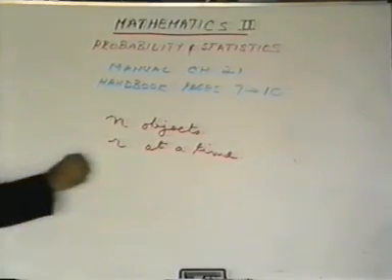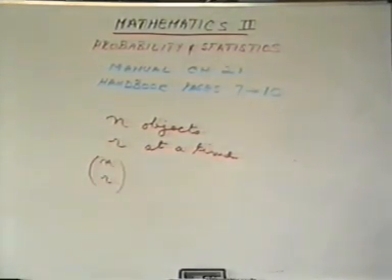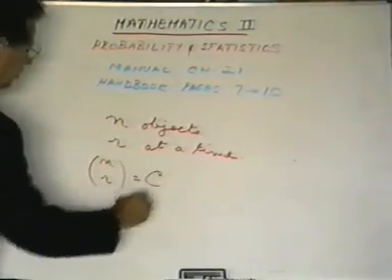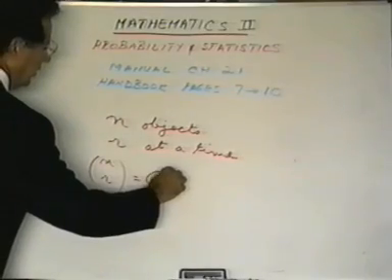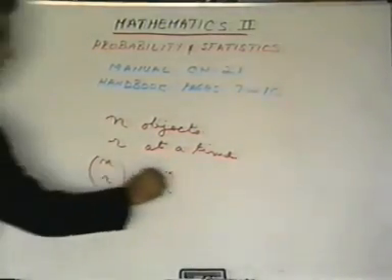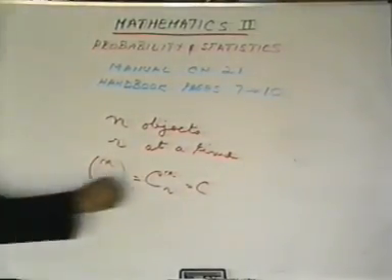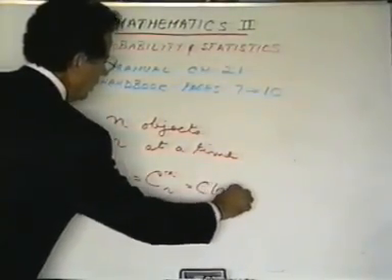Then the number of combinations we can form, written in this fashion, n, r, with a couple of brackets, sometimes written as a big C with an n up above and r down below, or sometimes simply written as C parenthesis n comma r.